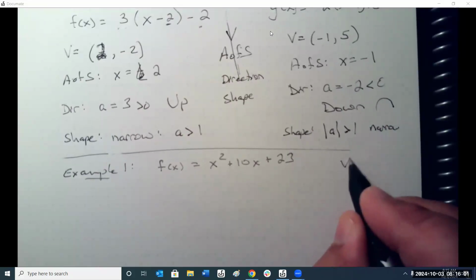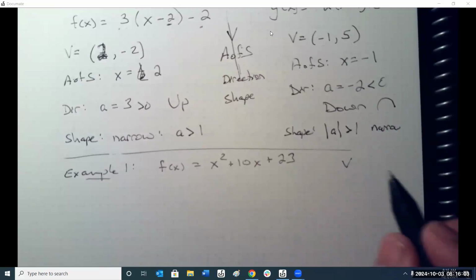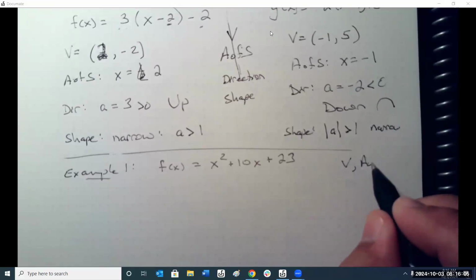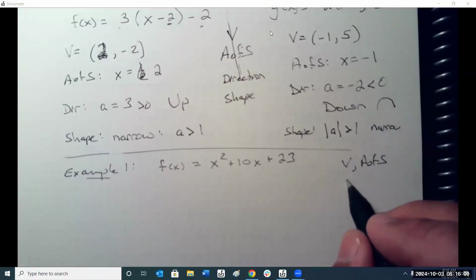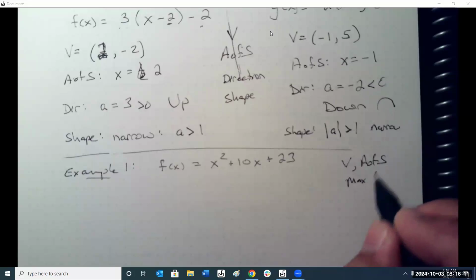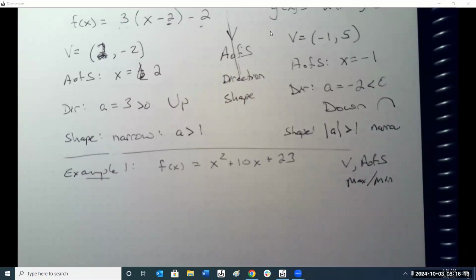Find the vertex, axis of symmetry. Is it a max or a min?